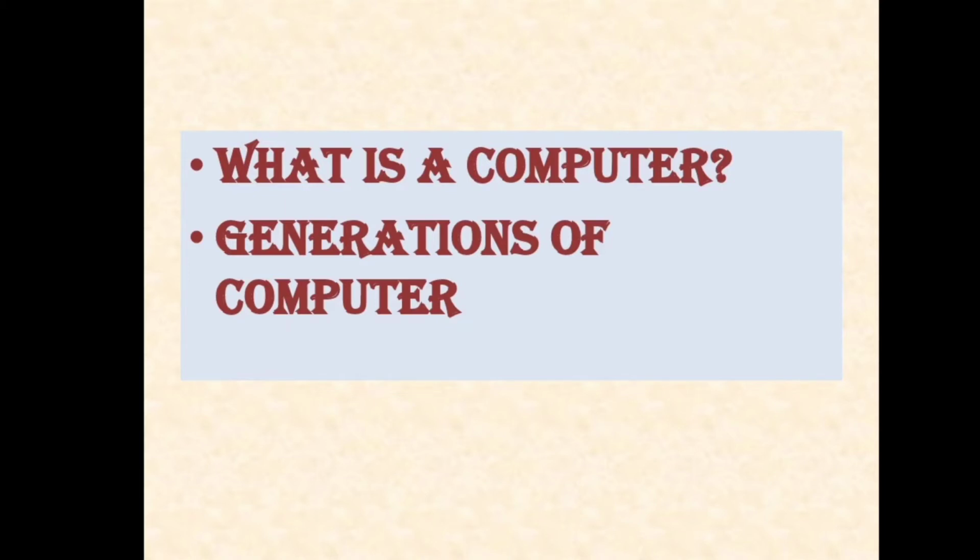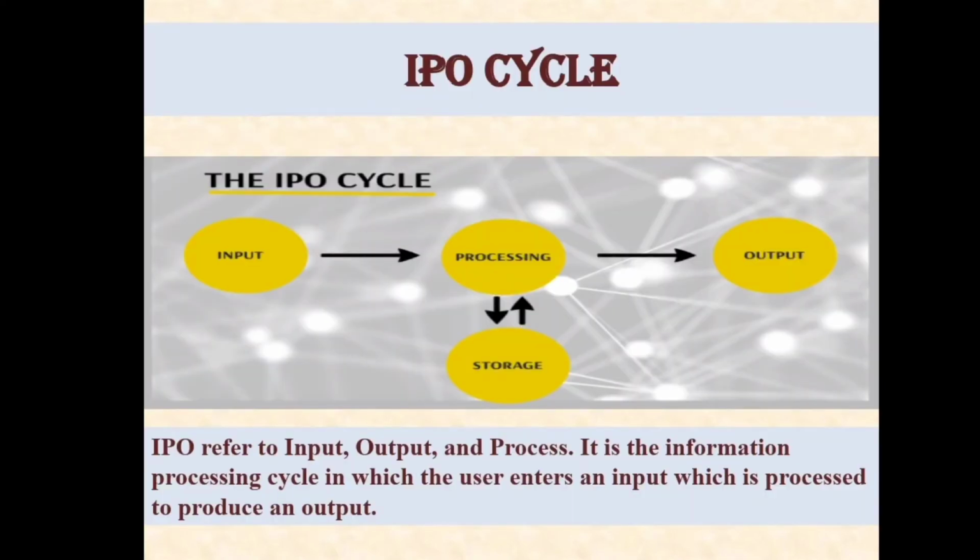Now today I'll be telling you about IPO cycle and measuring memory. Let's begin with IPO cycle. Children, do you know what is IPO cycle? You must have studied about it in your previous classes. Yes or no? If you can't recall it, no worries, I'll tell you.